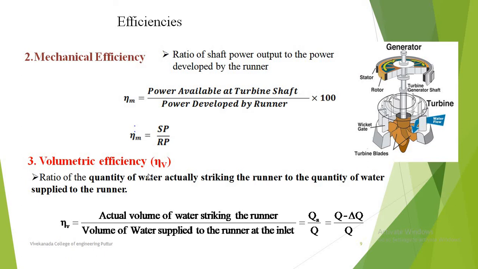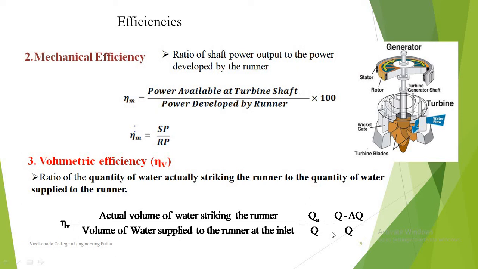The next one is volumetric efficiency. Even when the water from the jet comes from the nozzle and strikes the buckets or the vanes of the turbine, some quantity will go out without striking the buckets or the vanes. So the volumetric efficiency is the actual volume of water which is striking divided by the volume of water which is supplied at the inlet.